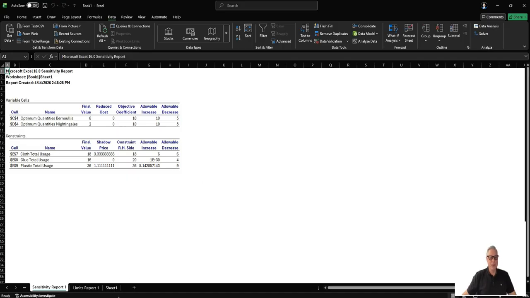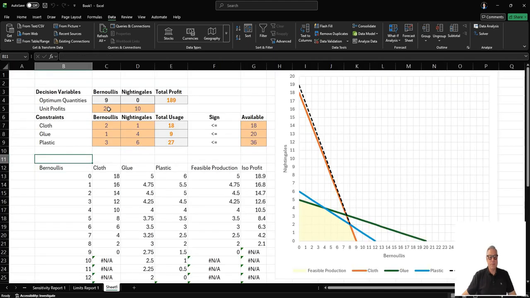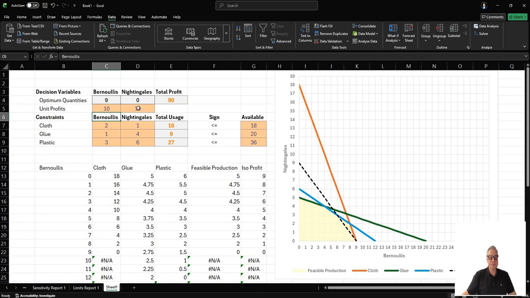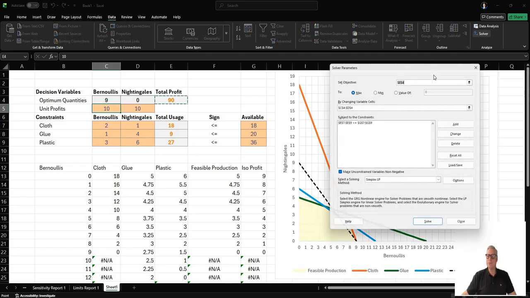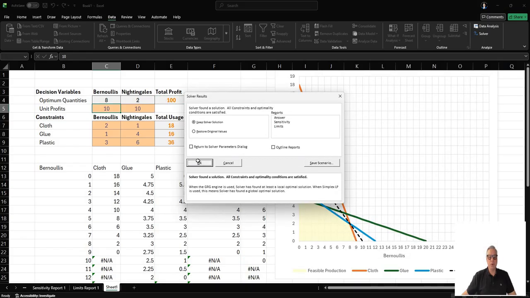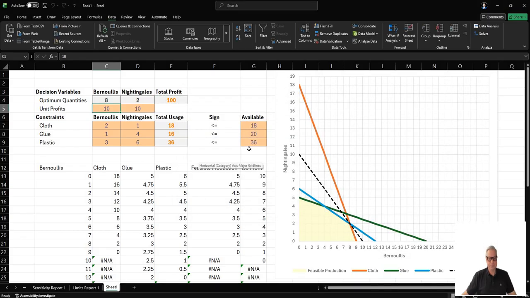So let's see what that means, 3.33. But let's first go back to our original setting, and let's restore again the optimum solution of 8 and 2. So solver. Okay, so now we should see 8 and 2. So we are back to where we started.